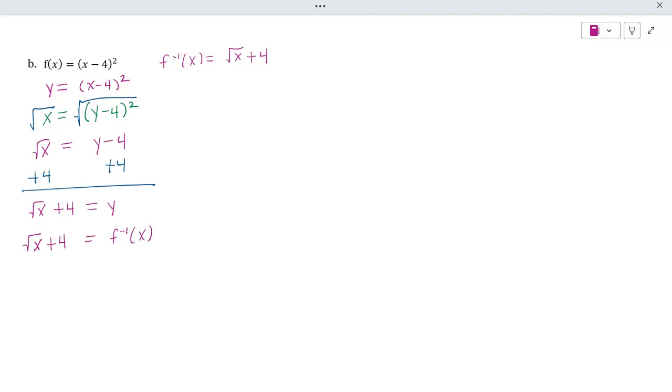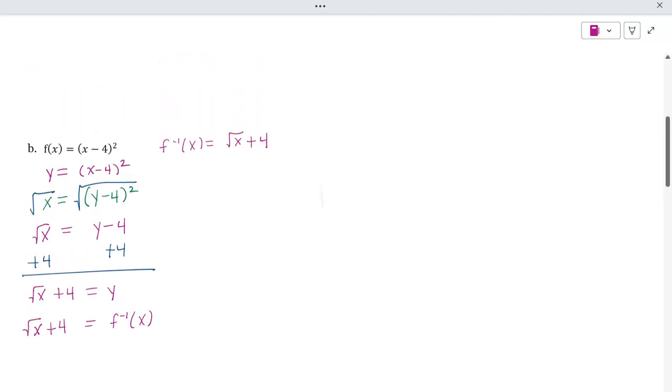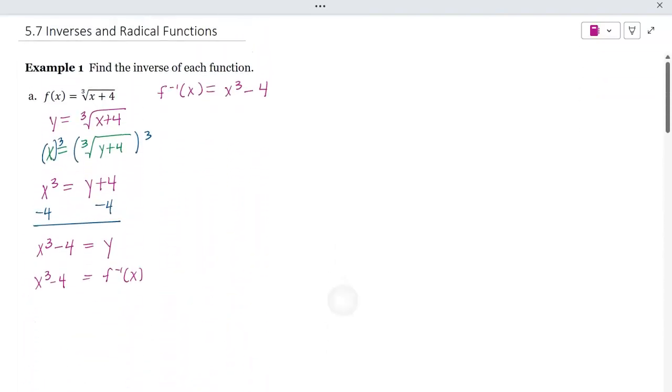In the example that we did a minute ago, let's go back to example A for a second. The domain of f of x, which was the cube root of x plus 4, was all real numbers.